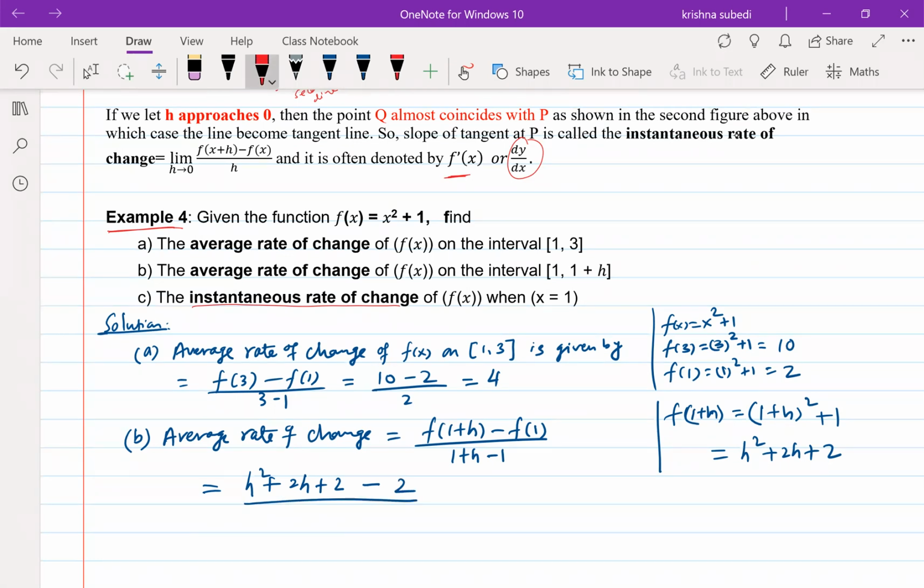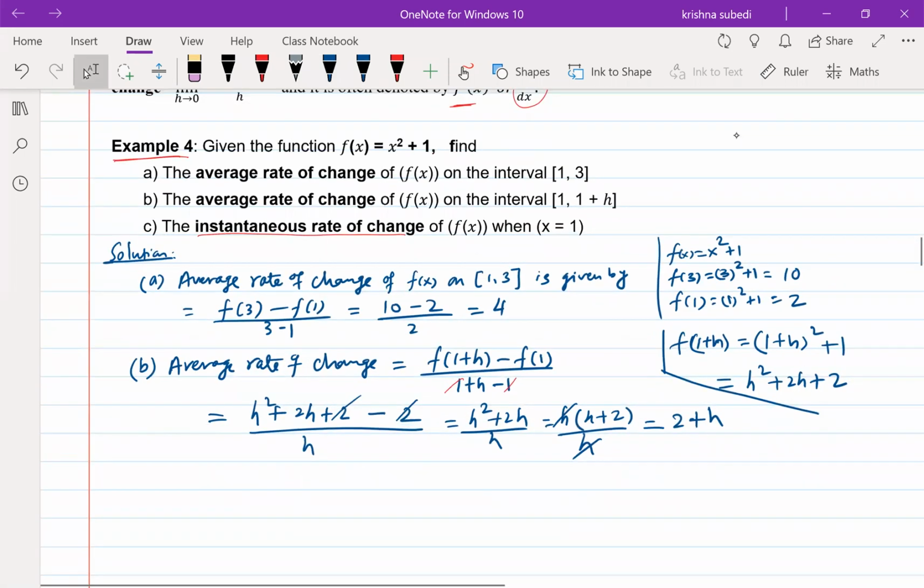As you can see, this 2 and 2 cancel out. So you'll have h squared plus 2h over h. Take h common, remaining h plus 2 over h, and h cancels out. So your final answer here is h plus 2, or 2 plus h.